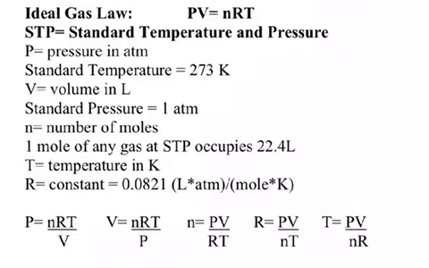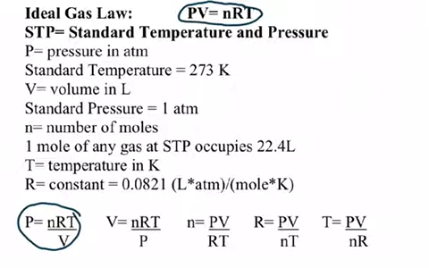Now, here is how to isolate these variables. If you are looking for pressure, and here's the original equation, to isolate P algebraically, you will be using this first equation. If you're looking for volume, do the same algebra. You would use this second equation.